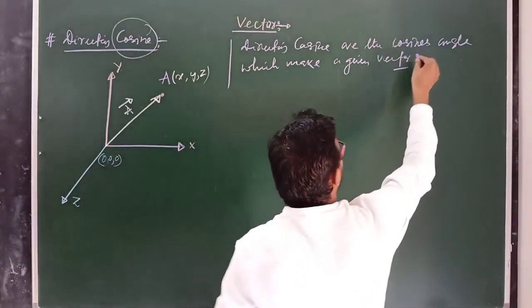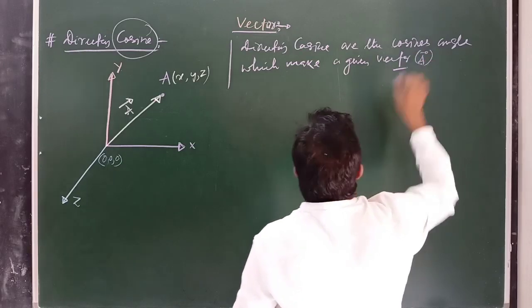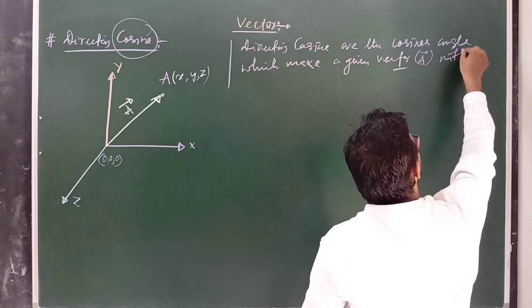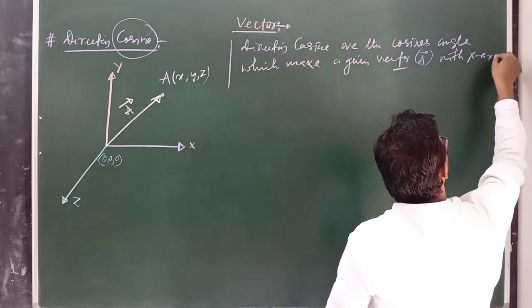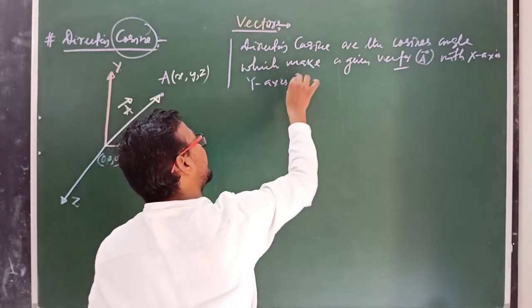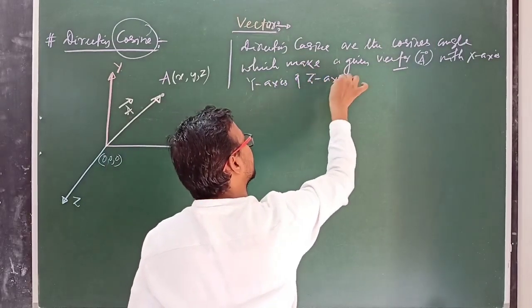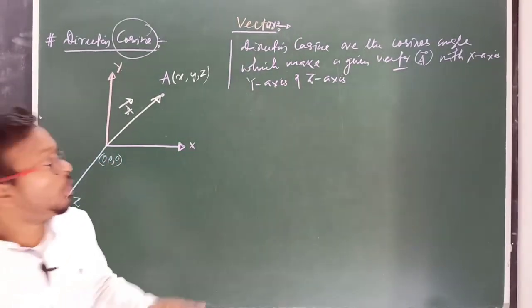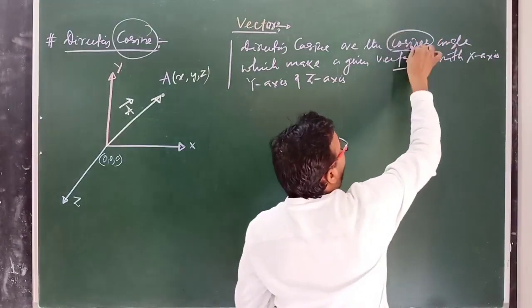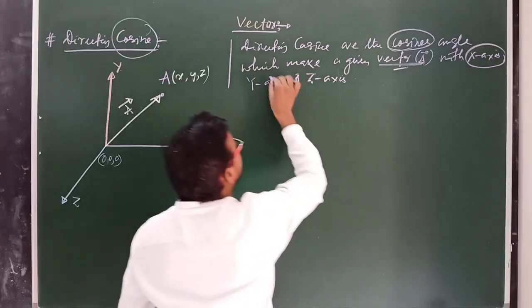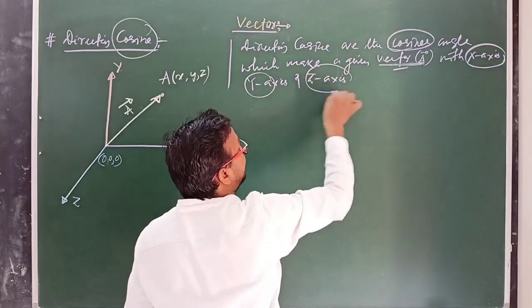Suppose here the given vector is A vector, which makes angles with the x-axis, y-axis and z-axis. Now for the given vector A vector, what are the angles, in cosine form, of the given vector with the x-axis, y-axis and z-axis?